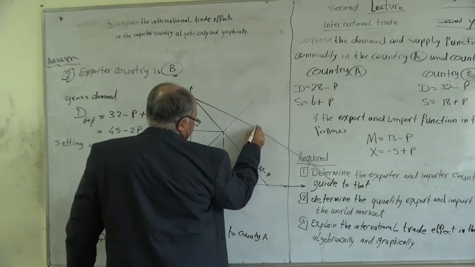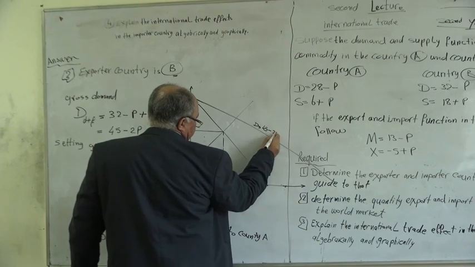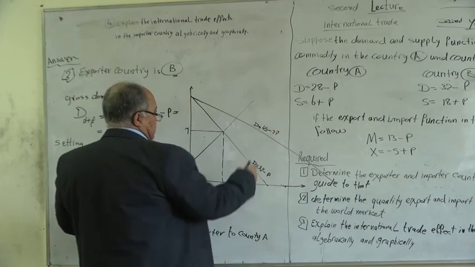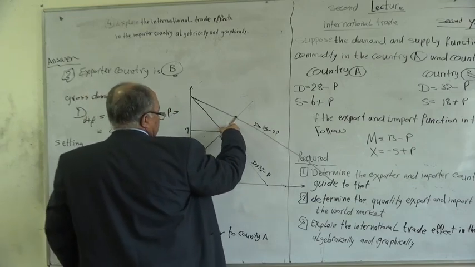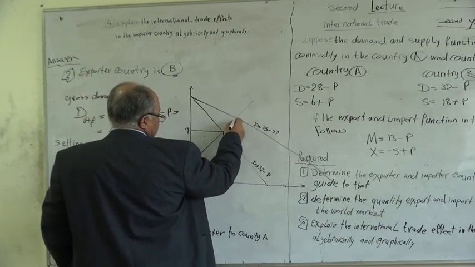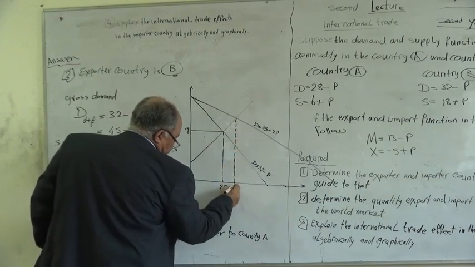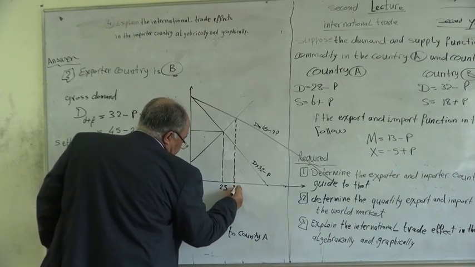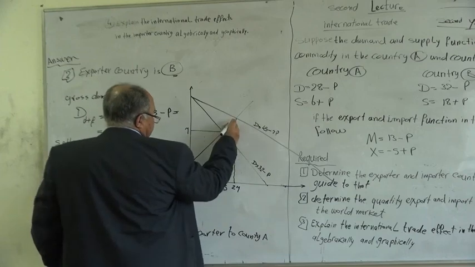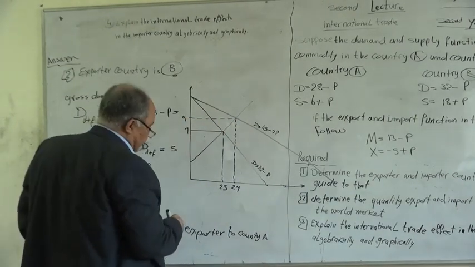The gross demand equals 45 minus 2P. The gross demand intersects the domestic supply and the quantity produced equals 27, and the price is 9, the world price.